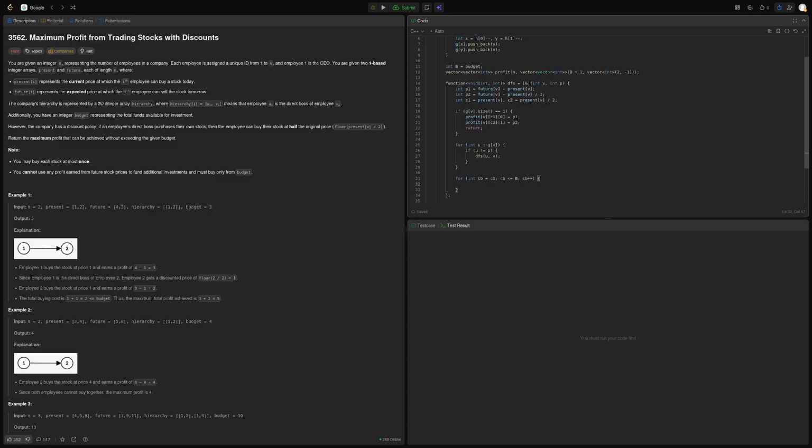And then what we want to do, well, we want to get the sum of children, so for u in GB, if u doesn't equal parent, then we want to produce some, so int current profit is 0, or current profit is profit 1.